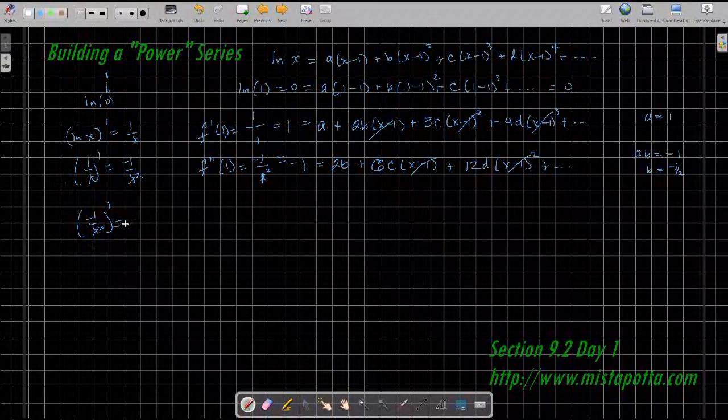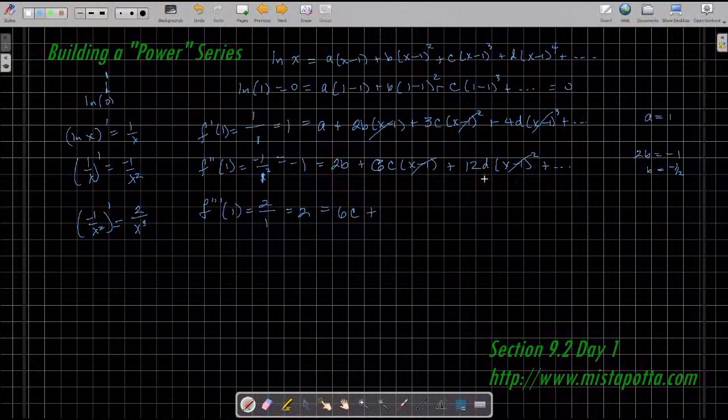And if I continue this idea, taking the derivative of my functions, now I'm at the third derivative, which is 2 over x cubed. And if I try and evaluate f triple prime at 1, which should be 2 over 1 cubed, which is 2, that has to be equal to the third derivative of this power series. So the derivative of a constant is 0. The derivative of this term would be 6c.